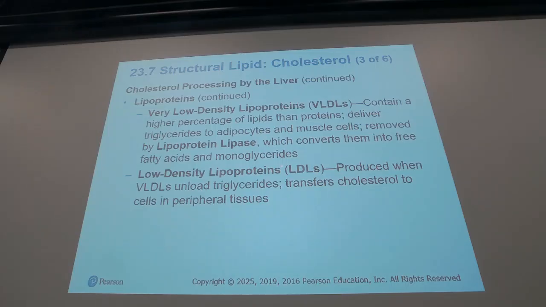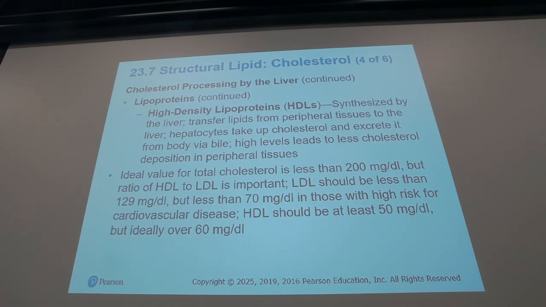And we have an enzyme that is called lipoprotein lipase that can convert these VLDLs into LDLs, and is necessary to recycle these micelles. Now, we have a good type of cholesterol that is called high-density lipoprotein. And we have a portion for LDL and HDL.